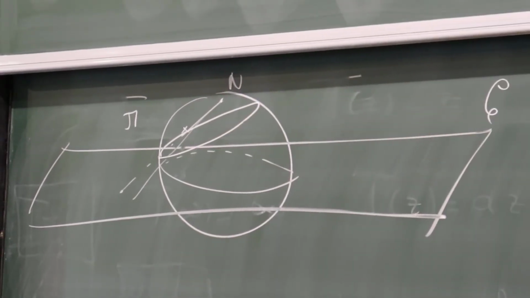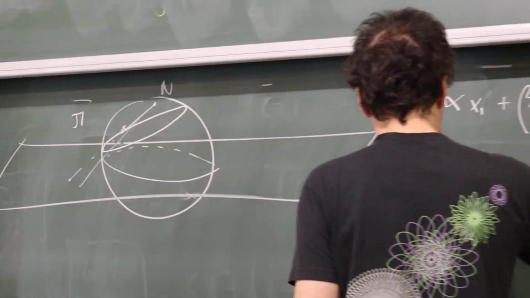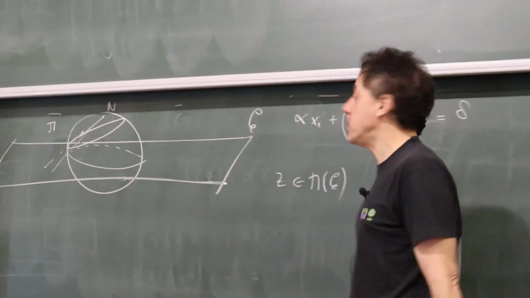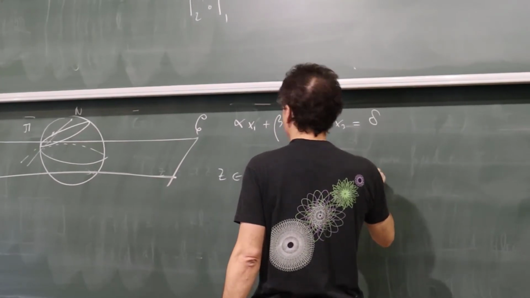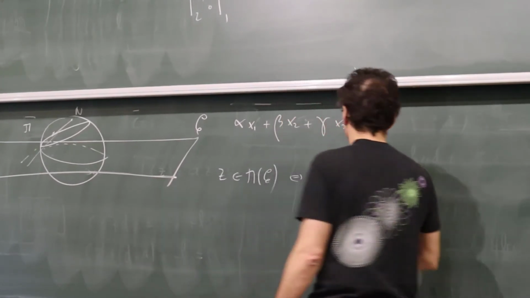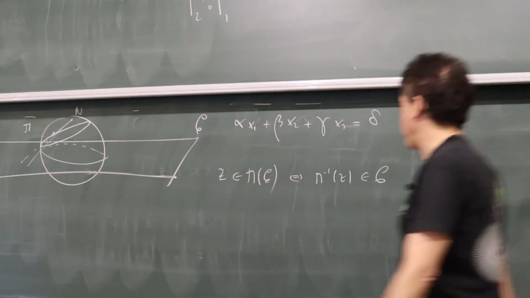So a point Z is in the projection. This is the same as saying that pi minus 1 of Z must belong to this circle. And remember that we have an analytic expression for the map pi minus 1.